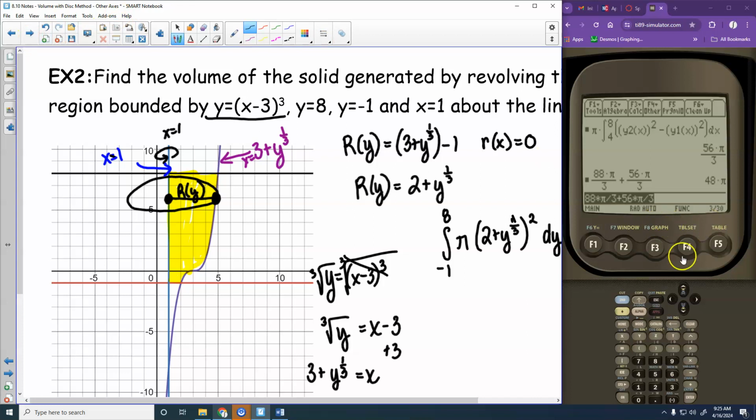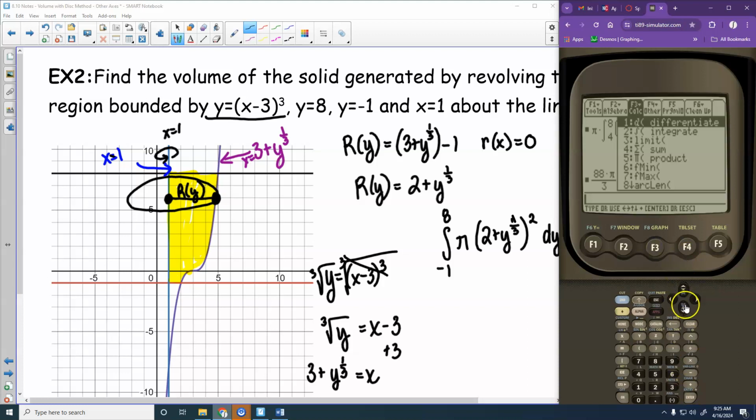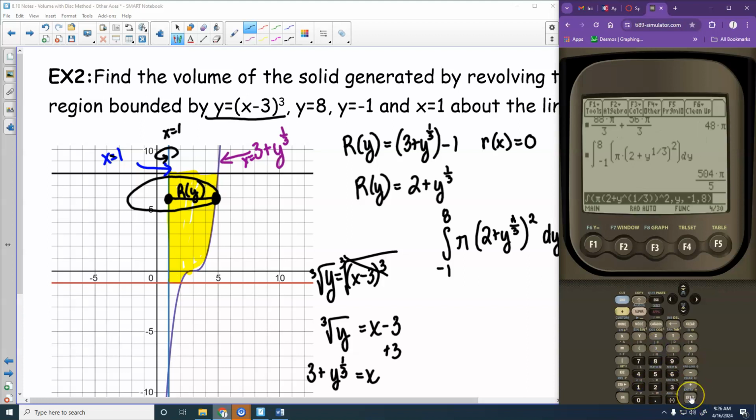All right, let's see. So if we do integrate pi times 2 plus y to the 1/3 squared, comma y, comma -1, comma 8. Please work. Are you guys getting 504 pi over 5?